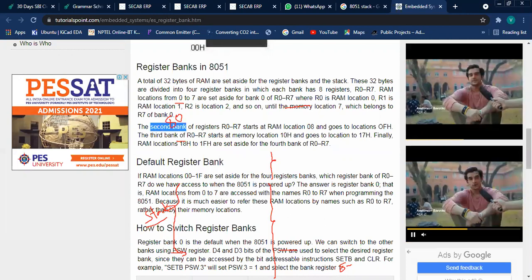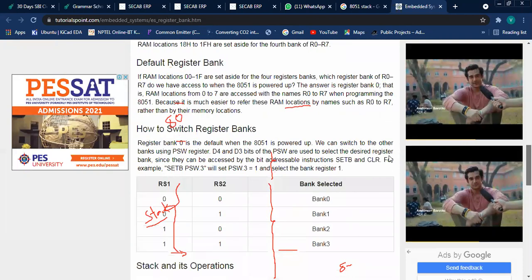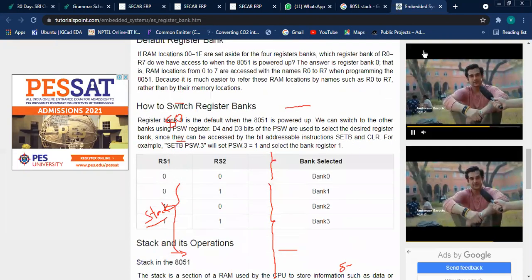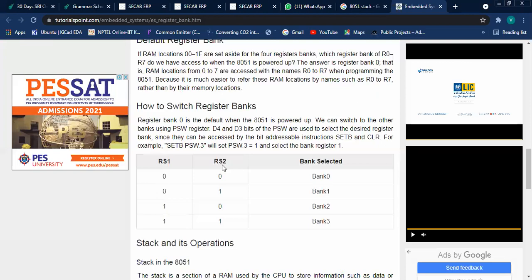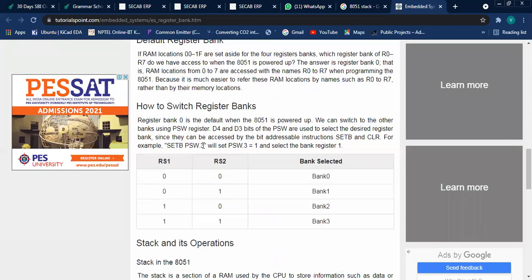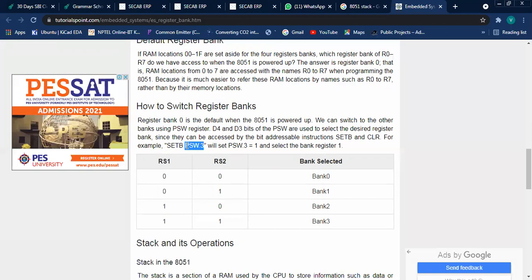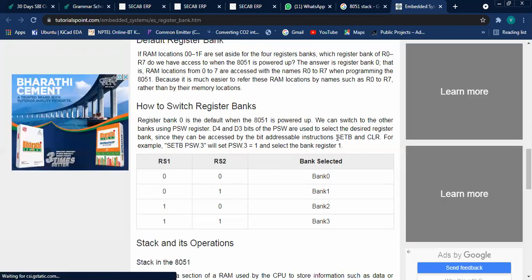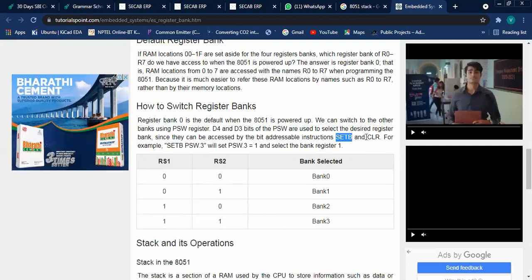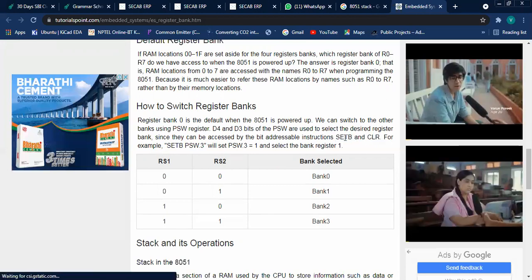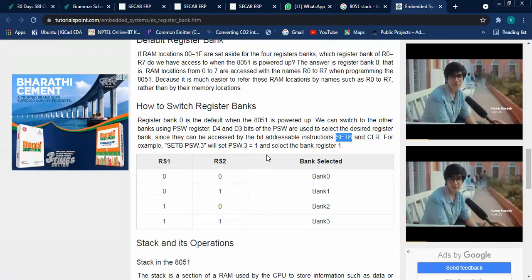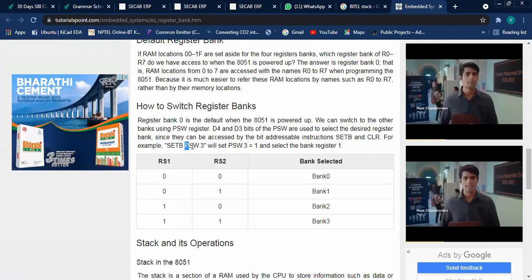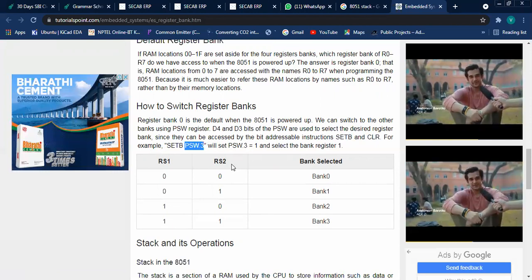register bank. And we know how to switch from one register bank to another register bank. That is by using the PSW register. By using two instructions, SETB and CLR, we can change the value of PSW.3 and PSW.4.